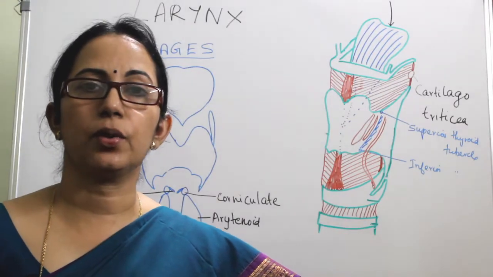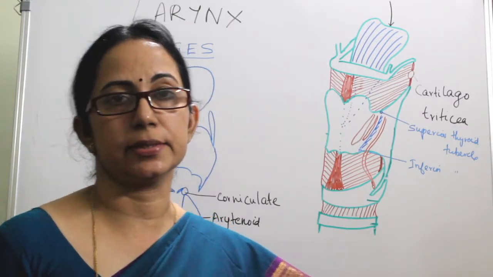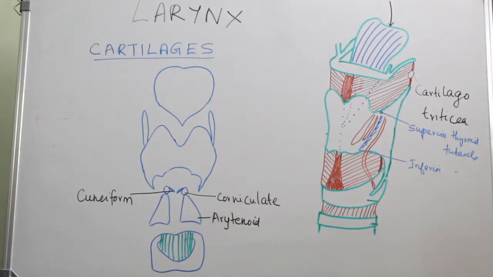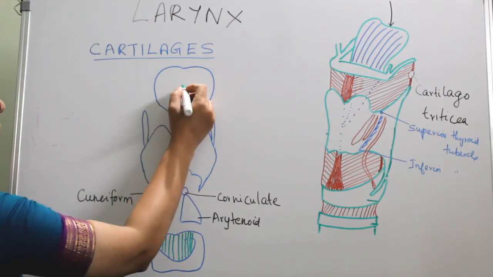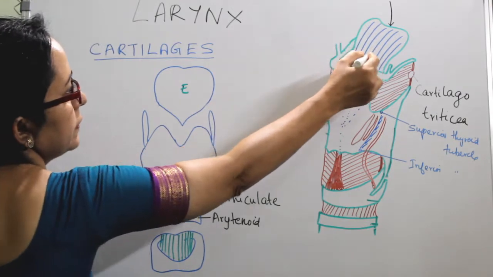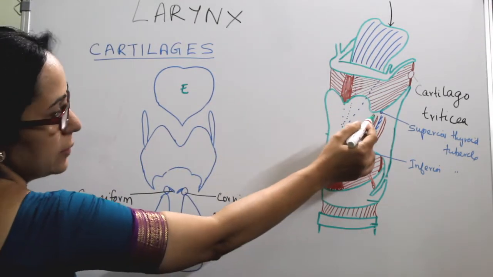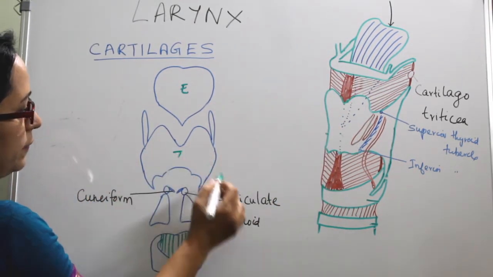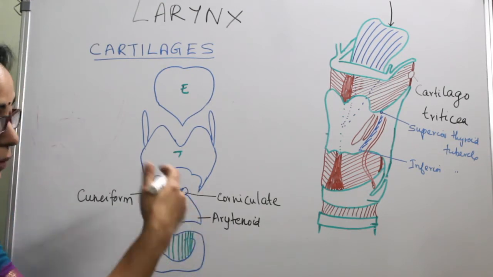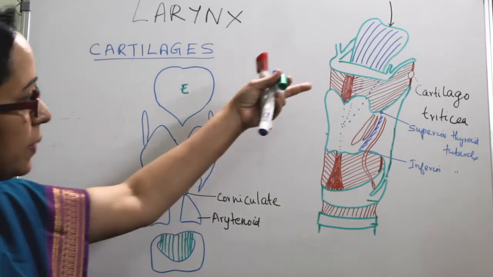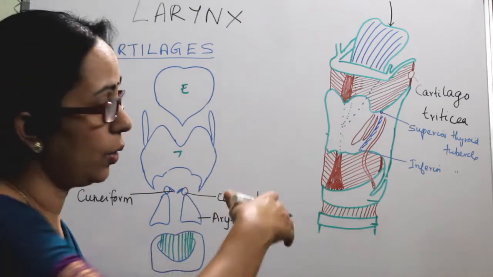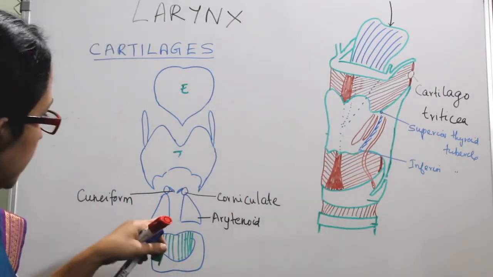The main constituent of the larynx is the laryngeal cartilages. So what are the laryngeal cartilages? You have the epiglottis, which is coming here. Then this is the thyroid cartilage. Then on the posterior aspect, from the other side, comes the arytenoid.